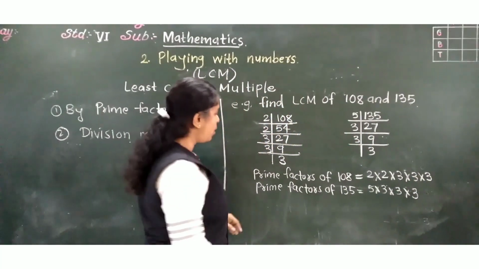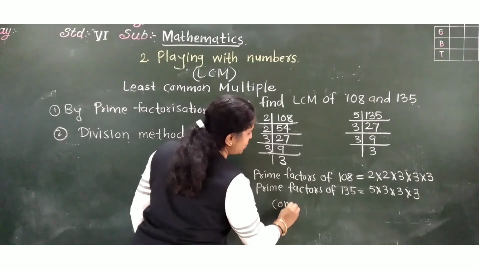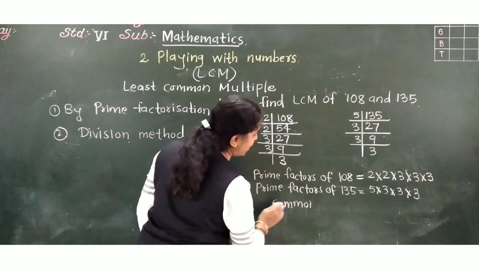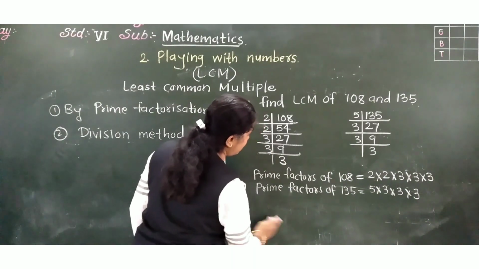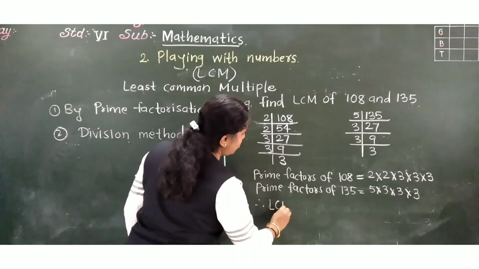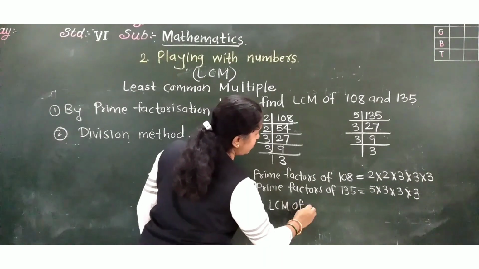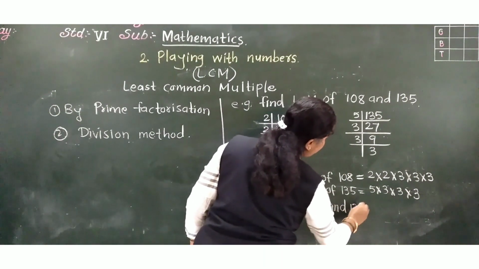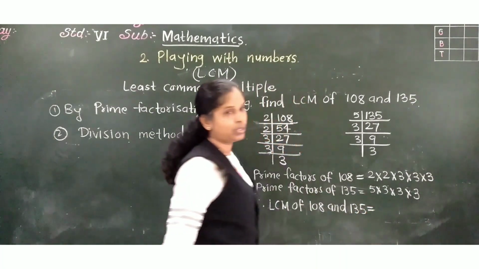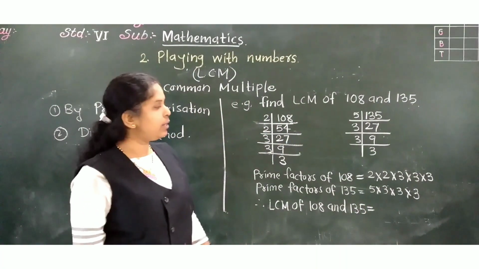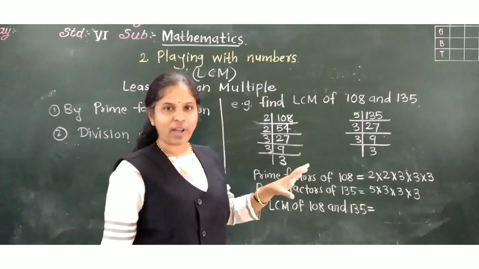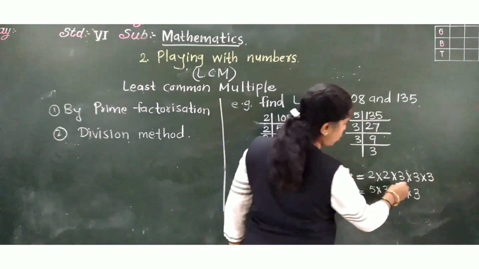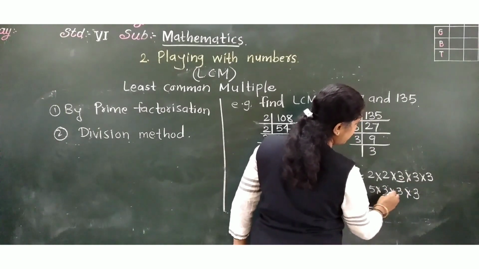Then common factors. Therefore, LCM of 108 and 135 is equal to, how to find it? See here, whatever common factors are there, we will write them one time. See here, which are the common factors? 3.